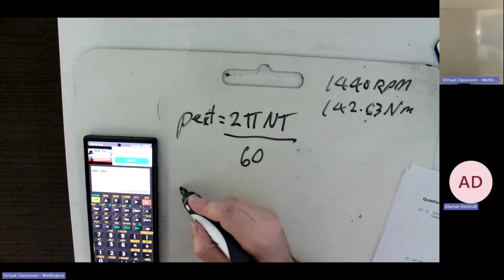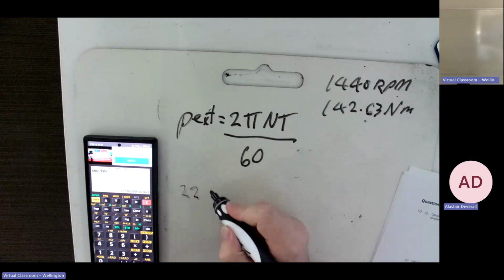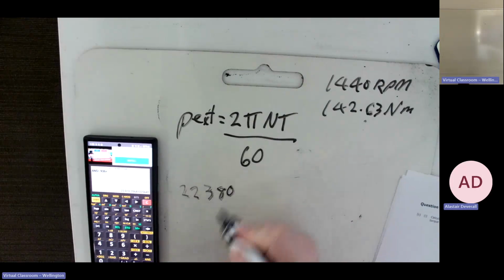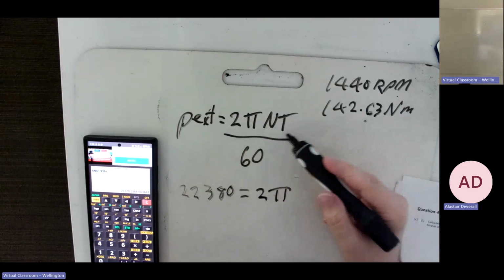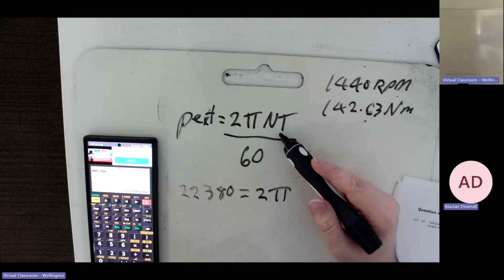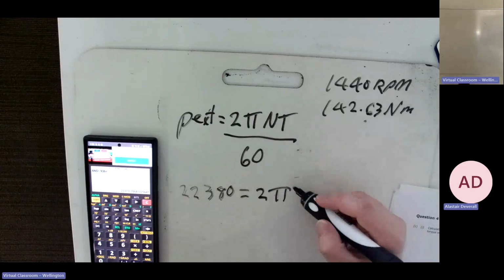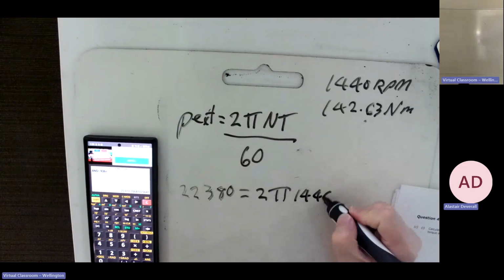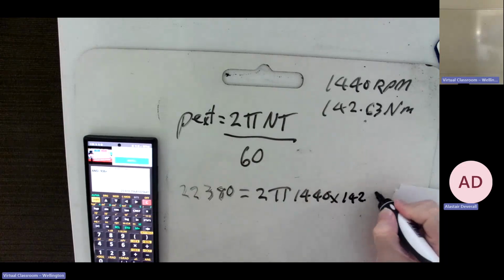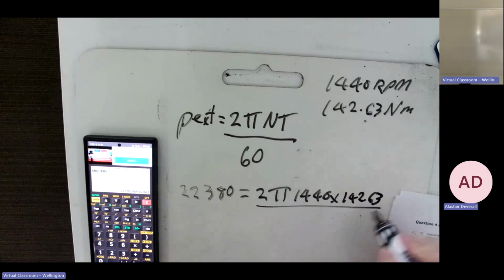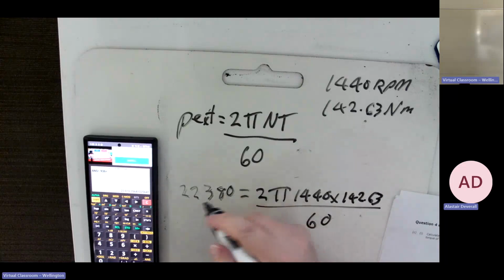So it's 22380 equals 2 pi, where N is our RPM, 1440, and T is our torque, times 142.63, over 60. Now, this is what we hope it's going to be greater than. It doesn't mean it is.